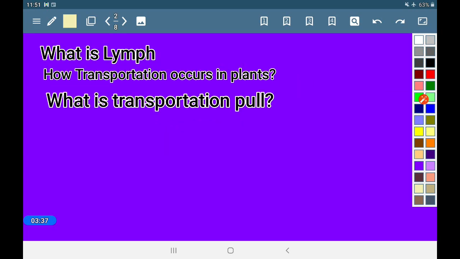Next question, Ahana Datta asked what is lymph and how transportation occurs in plants. What is lymph? Lymph is another alternative circulatory medium, a colorless fluid.